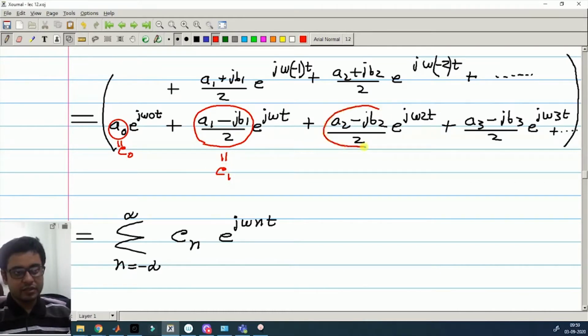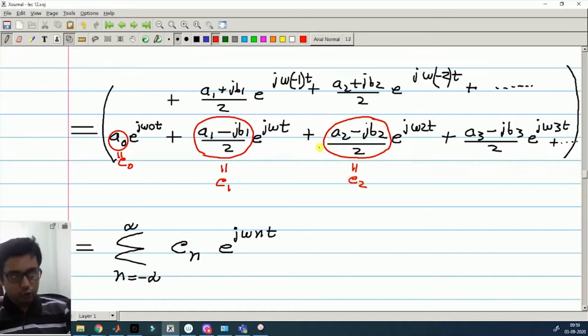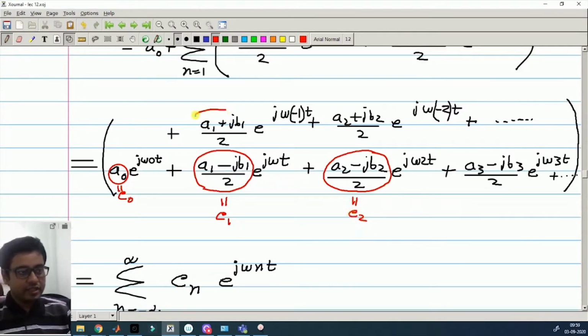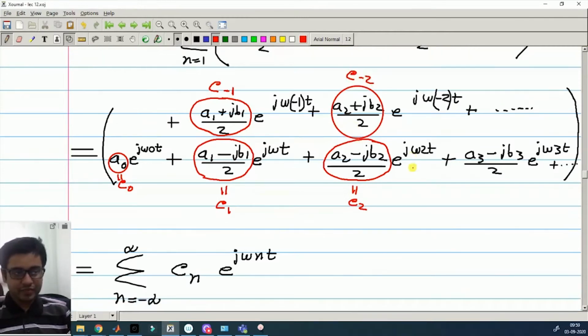This term is defined as C2. In the same way, this term is defined as C minus 1, because this is the coefficient of e to the power j omega minus 1 t, then this I am calling C minus 2, and so on.